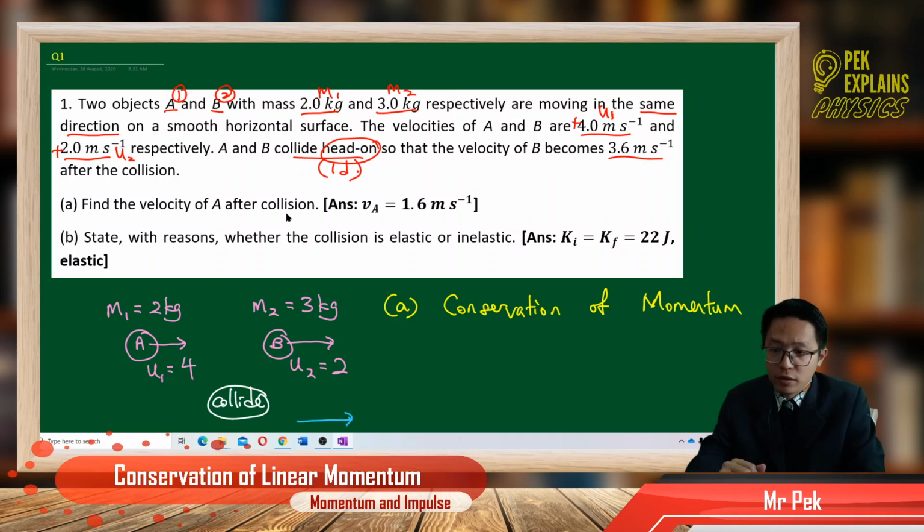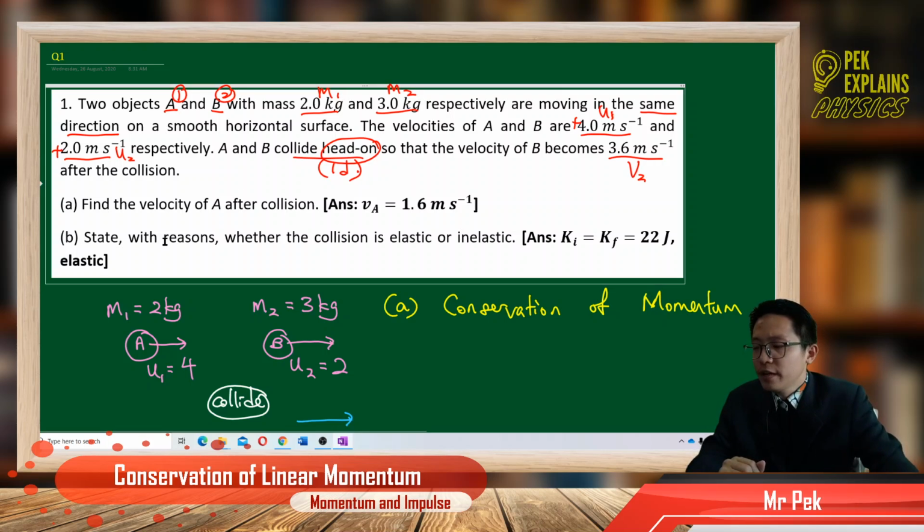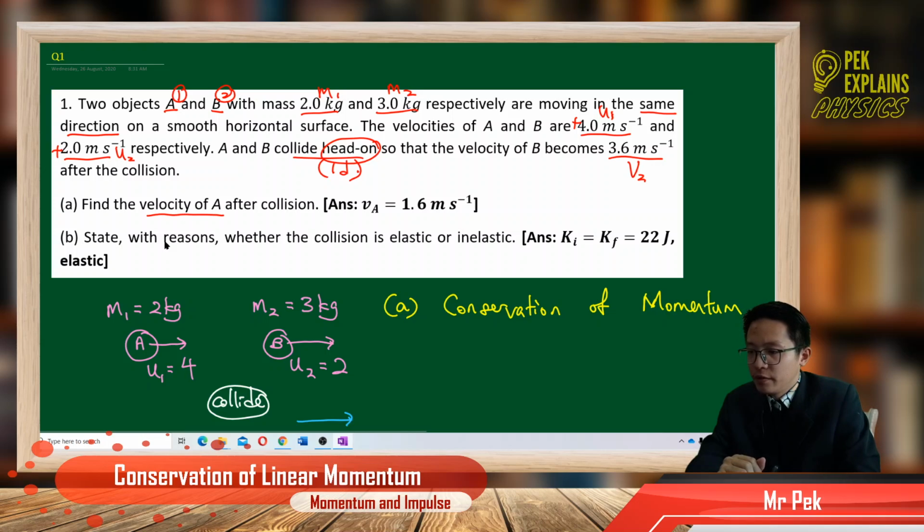So this is the final velocity for B. B we put as number 2, so this is V2. Find the velocity of A after collision, that means this is the final velocity for 1. We want to find V1.